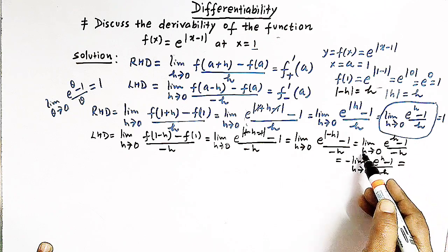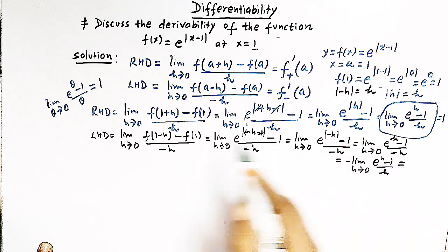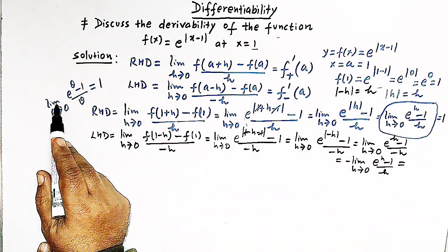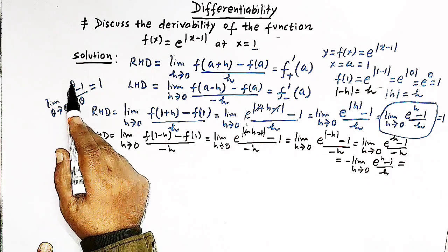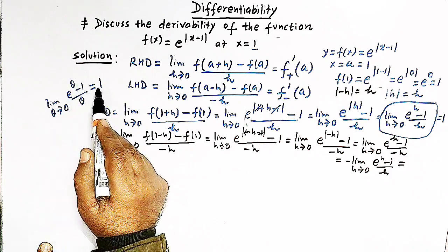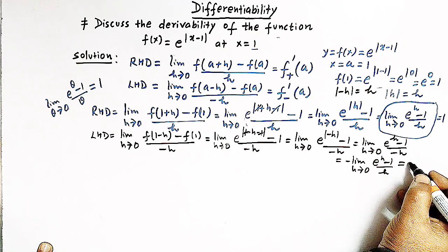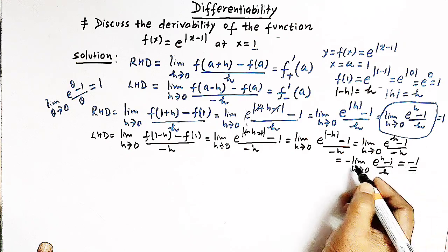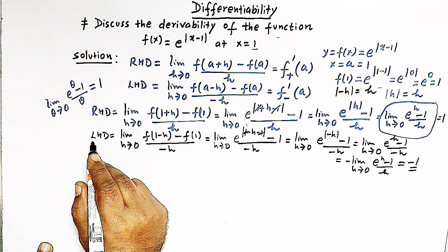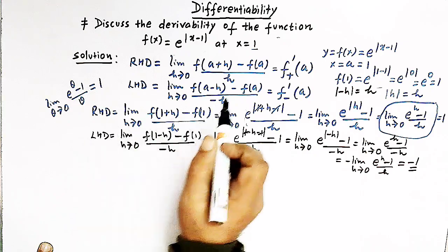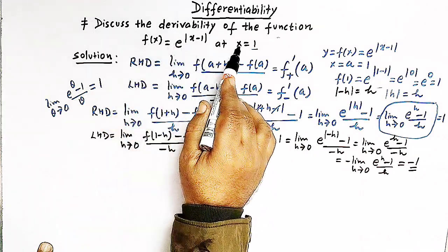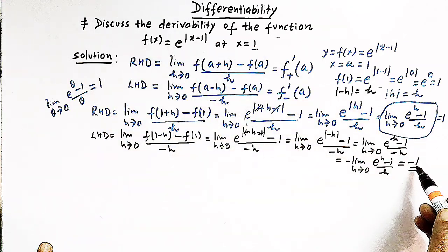So now again we can see that we have this standard limit: limit theta tends to 0 e raised to theta minus 1 over theta is equal to 1. So this limit is 1, so we can now write minus 1, right? So now the left hand derivative of this function at x is equal to 1 is minus 1.